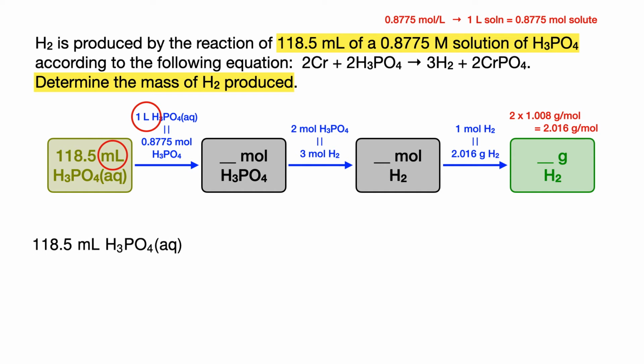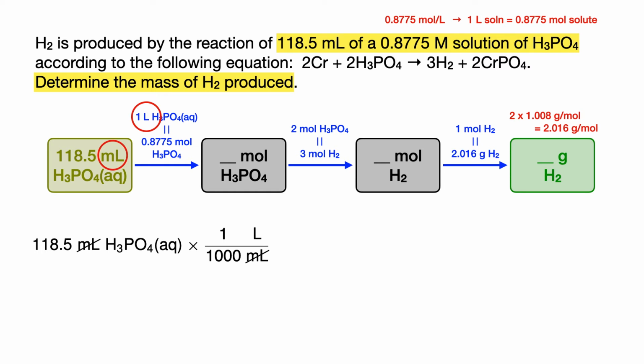So we're given that we have 118.5 milliliters of aqueous H3PO4, and we want to start by converting that volume from milliliters into liters. And the conversion factor there is there's 1,000 milliliters in a liter. And so multiplying this conversion factor will allow us to cancel out milliliters.